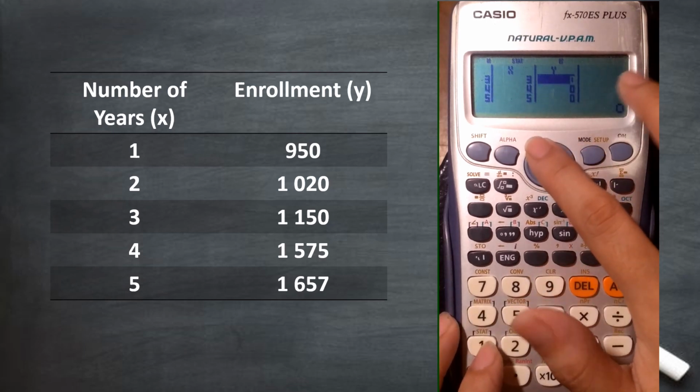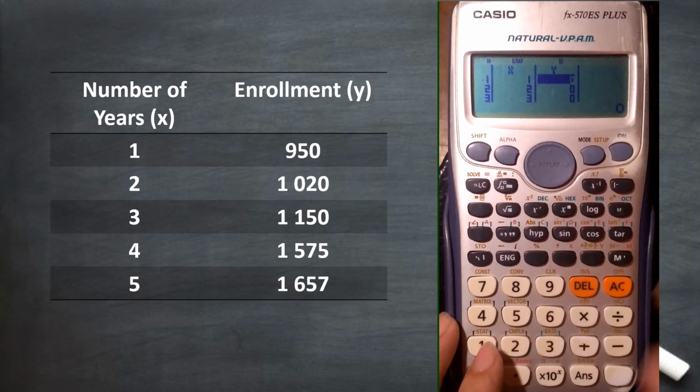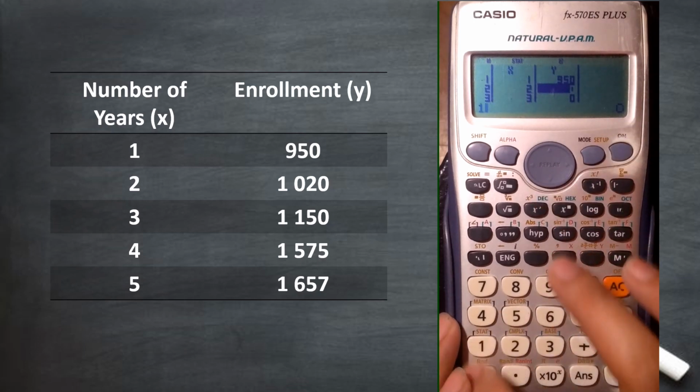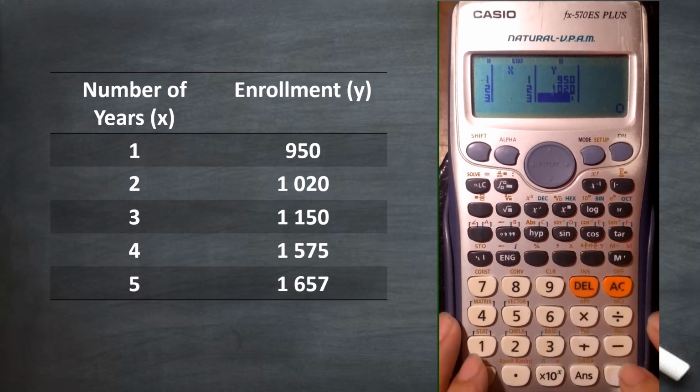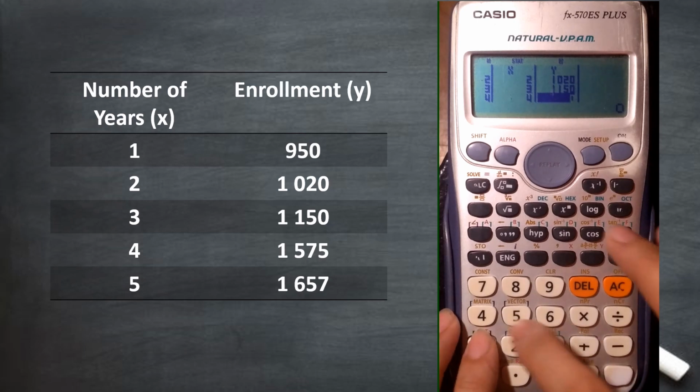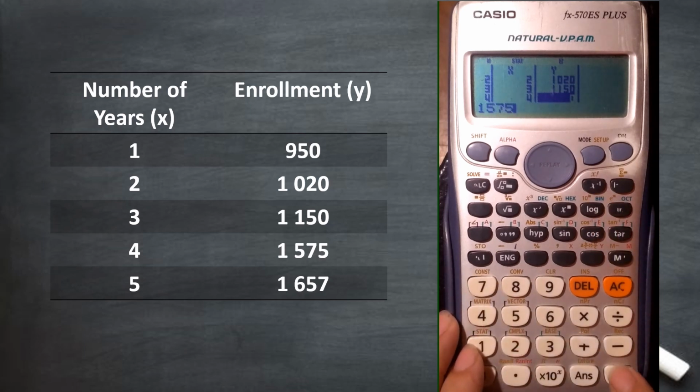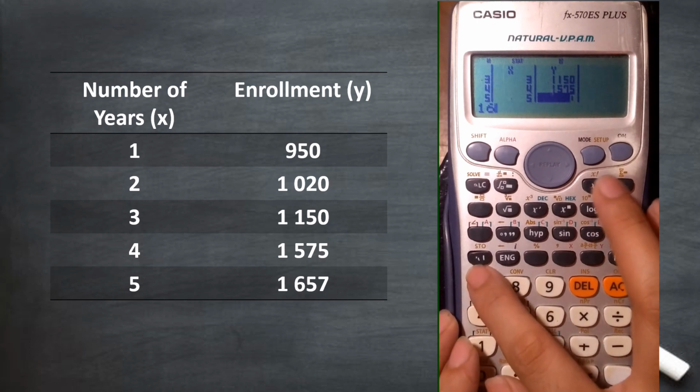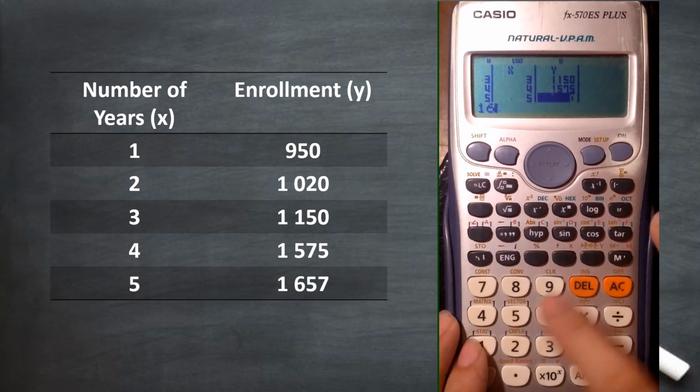And then for the y values, we have 950, and then 1020 equal sign, 1150 equal sign, 1575 equal sign, and then 57, and then equal sign.